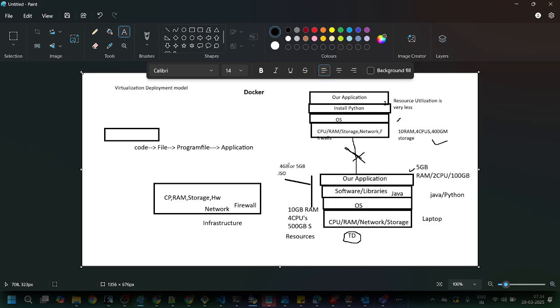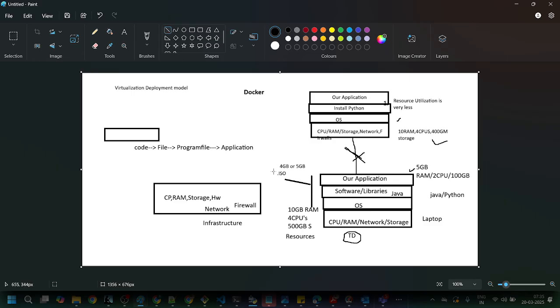It will take some time to download, since the size is very huge. And installing this ISO on the new machine will take around 20 minutes. So the customer should wait for 20 minutes to get their application up.